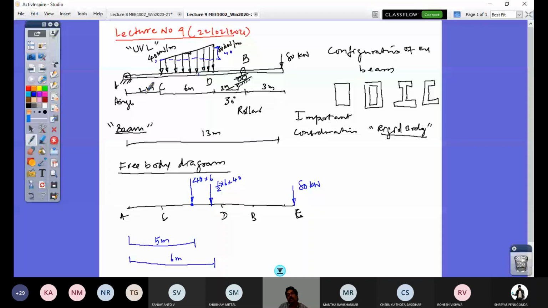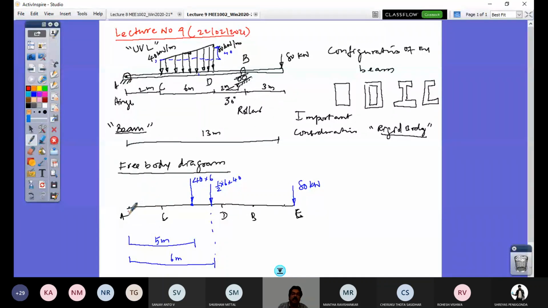So I could now draw a beam free body diagram partially with all the active forces, and now I have to represent my reactive forces. The reactive forces are the reactions at the supports appropriately. So hinge, it arrests the translation.